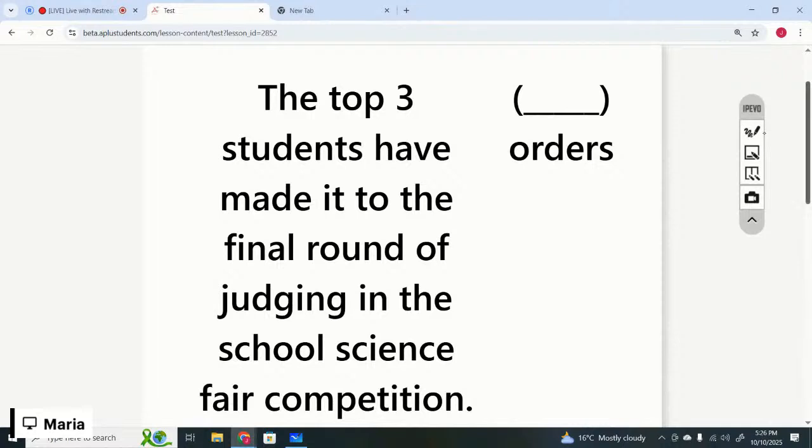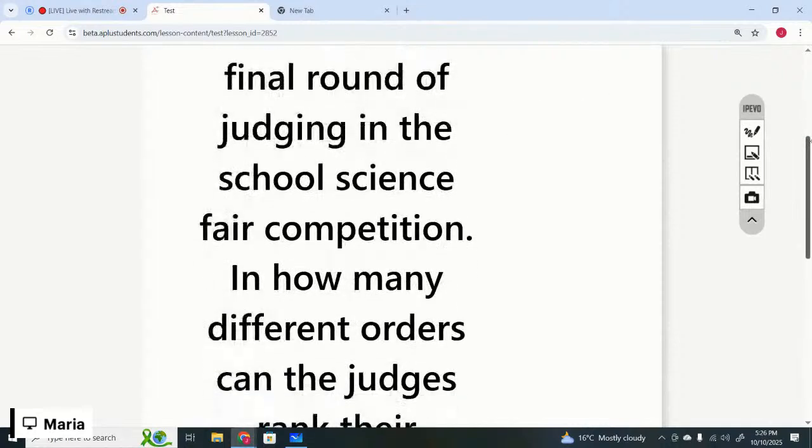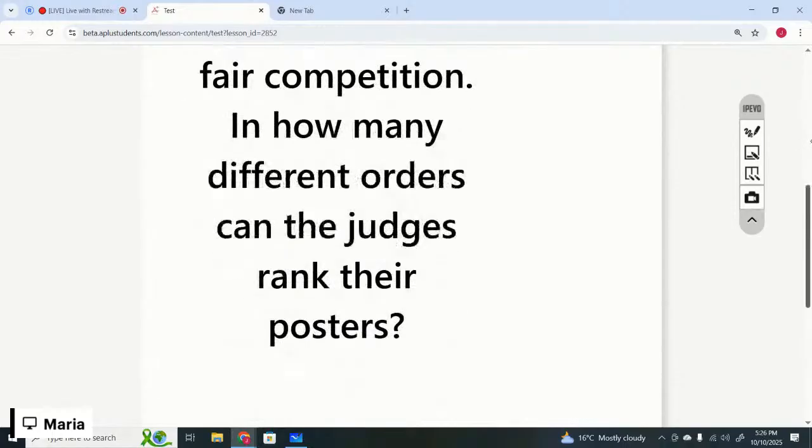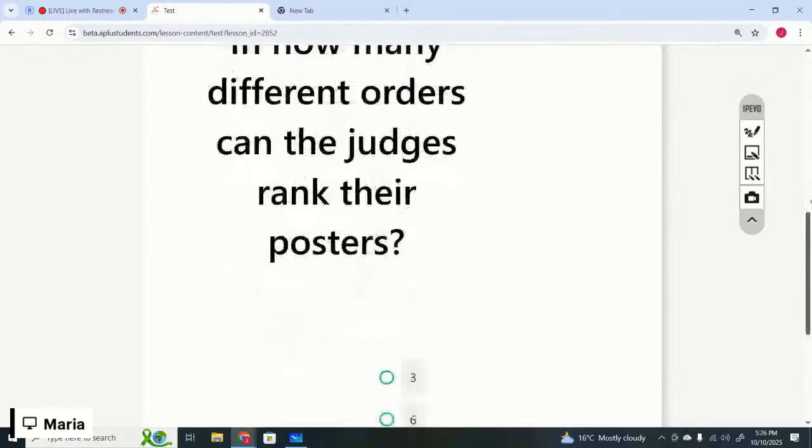The top three students have made it to the final round in the school science fair competition. In how many different orders can the judges rank their posters?